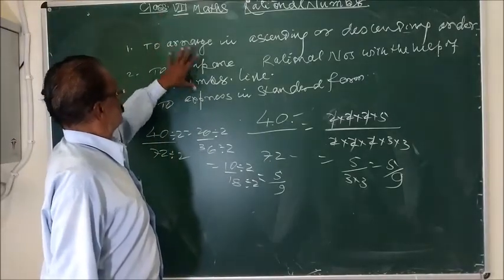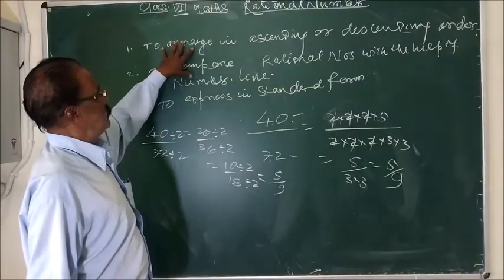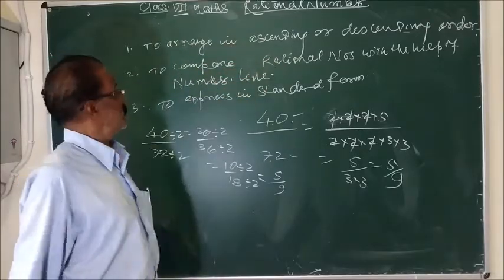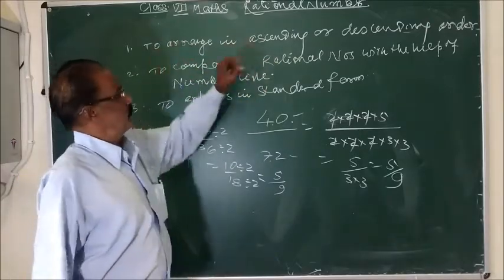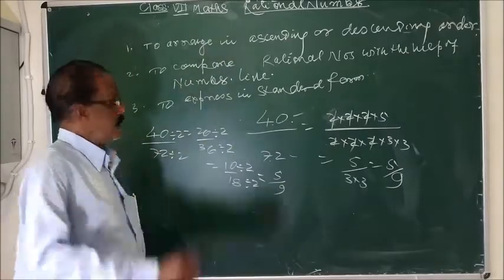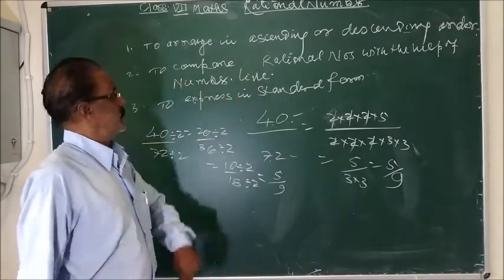So I remind you once again of these 3 points. First is how to arrange in ascending or descending order, second is how to compare rational numbers with the help of the number line, and third is to express in the standard form.